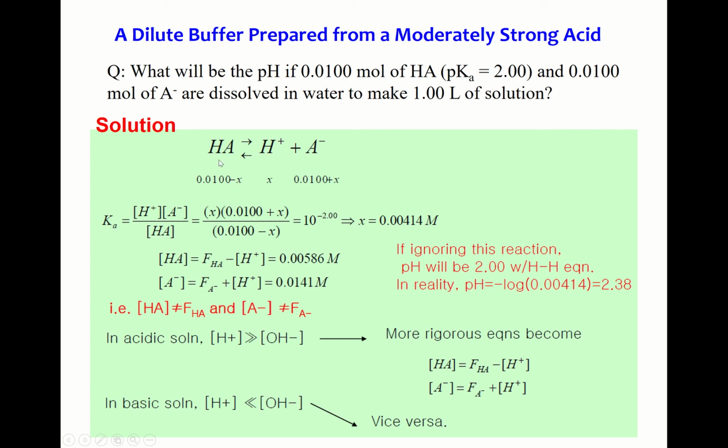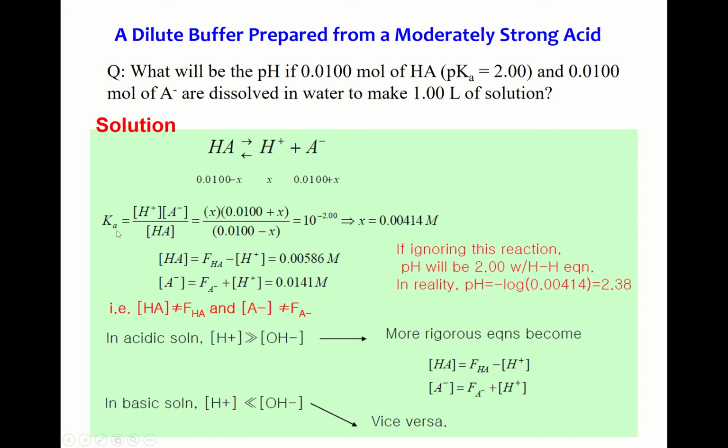Here is the equilibrium equation, initially 0.01 molar for both HA and the anion. Since HA dissociates into proton and anion, let's say the produced proton concentration is X, and then this equation holds. The HA decreases a little bit, A minus increases a little bit.